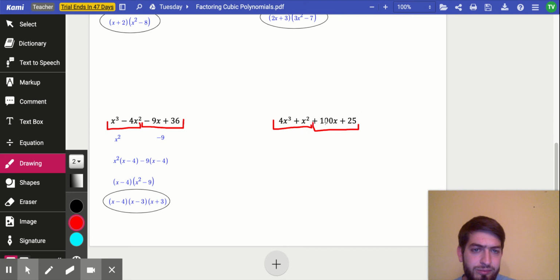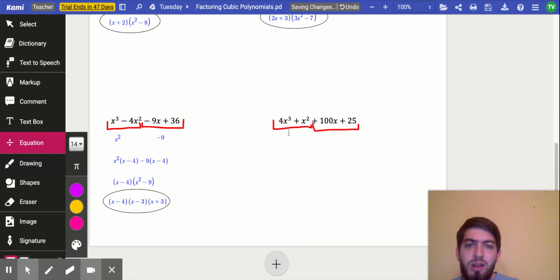From the first two terms, the coefficients 4 and 1 don't have anything in common, but I can always factor out an x squared. The coefficients 100 and 25 have a factor of 25 in common, and I can't factor out any x's because there are no x's here.